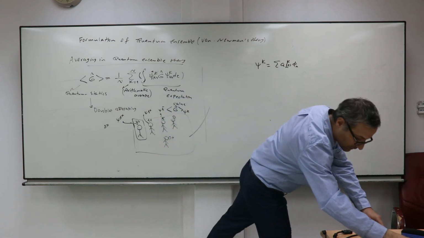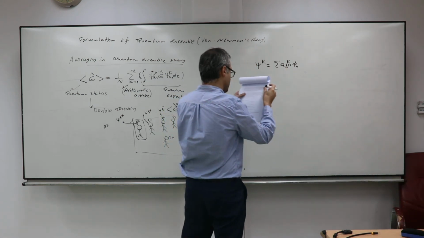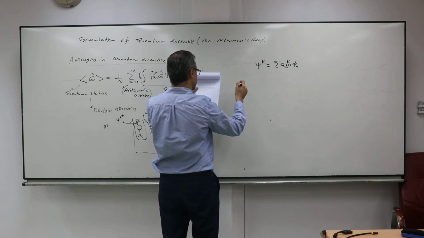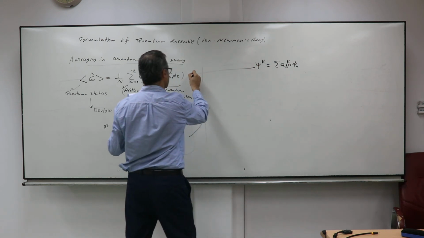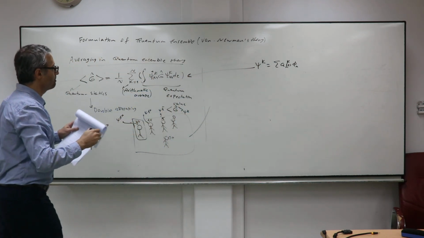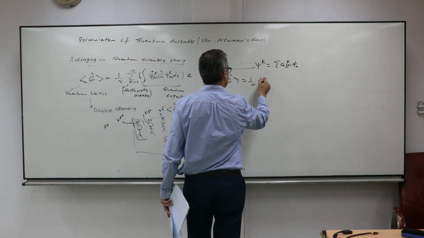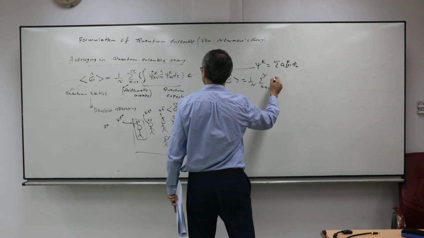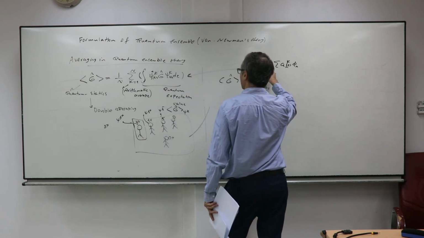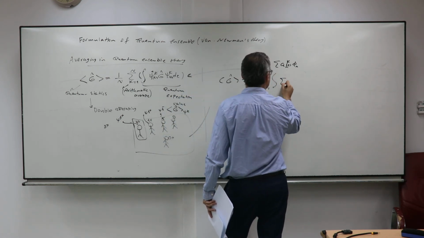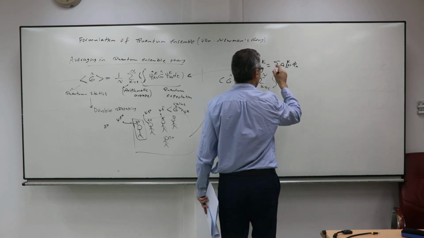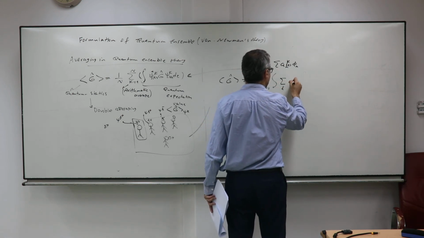I want to conserve the time. So just replace it here. Psi star will be sigma. I cannot use k again here, unfortunately.